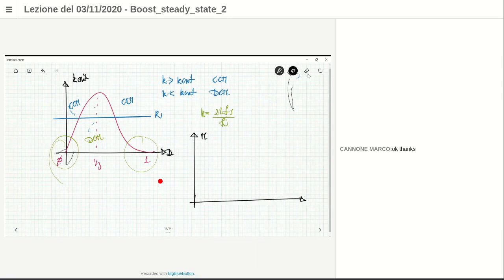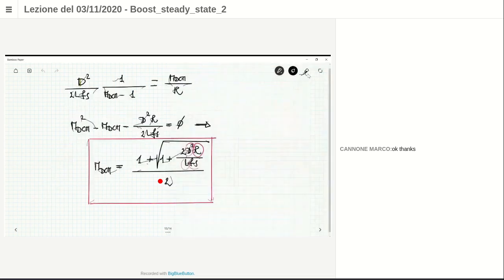So let me plot M versus D. M is 1 over 1 minus D when you operate in CCM. So when K is larger than K critical. And then it is 1 plus square root of 1 plus 4 D squared R divided LFS.